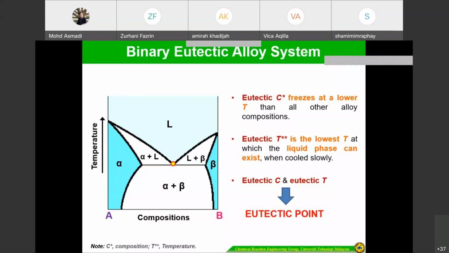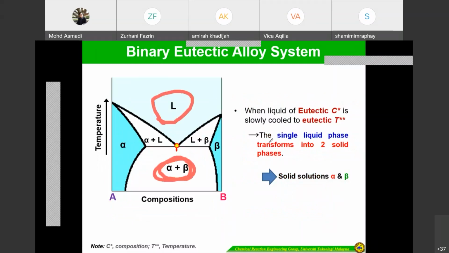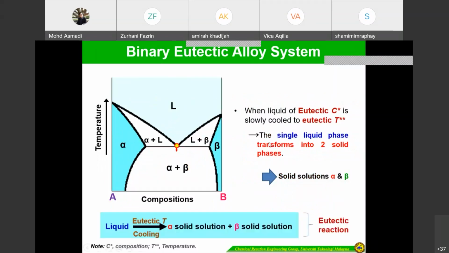When the liquid of eutectic composition is slowly cooled to the eutectic temperature, the single liquid phase transforms into solid phases. This is a single liquid phase, right? So it transforms to alpha plus beta, meaning liquid to solid alpha and solid beta. This is what we call the eutectic reaction.